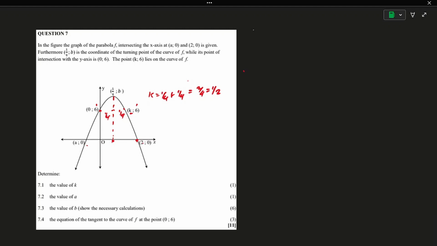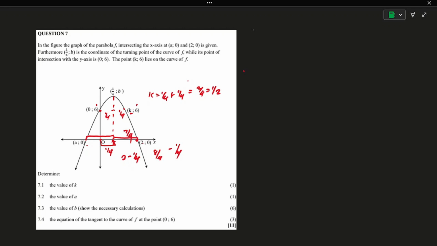Let me erase this. We know that from point O to the center is 1/4 units, because we've established that. And to get from the center to 2, it's just 2 minus 1/4, which is the same as 8/4 minus 1/4, which is 7/4.